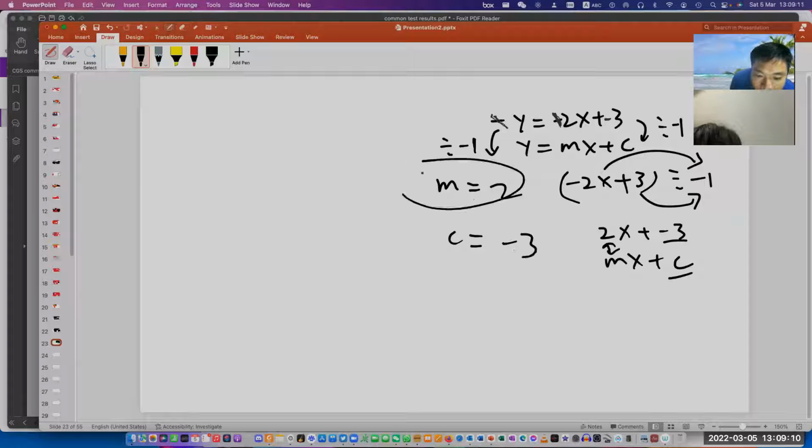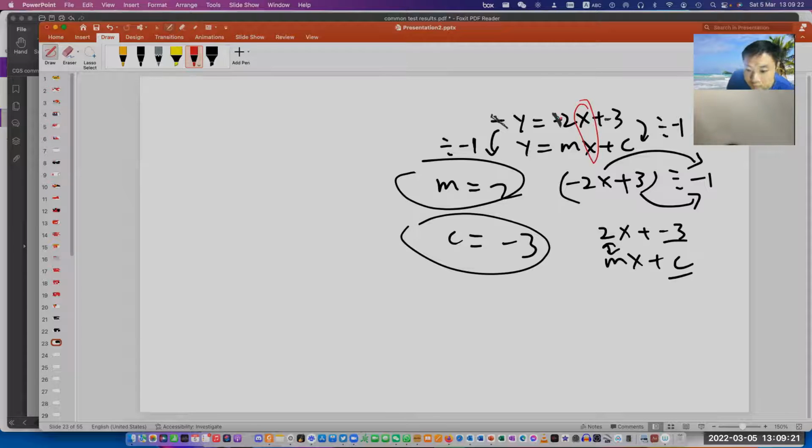By the way, m is not 2x, because the x is taken care of. So m is never with x. m is always a value, and c is also always a value. So that's how you do this question.